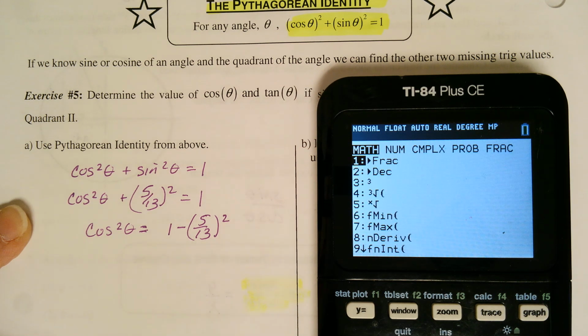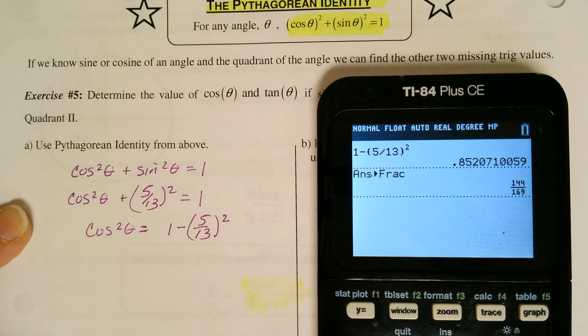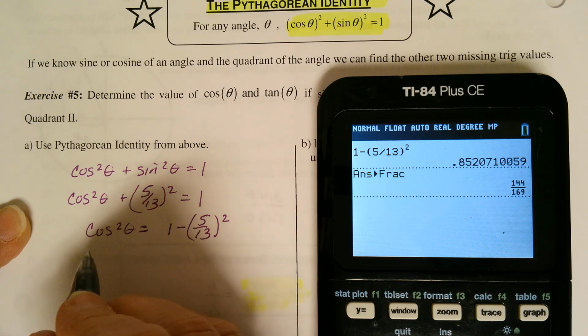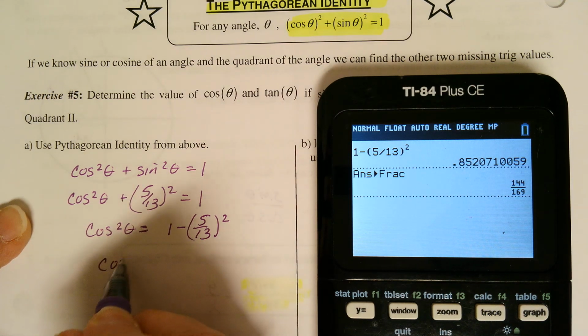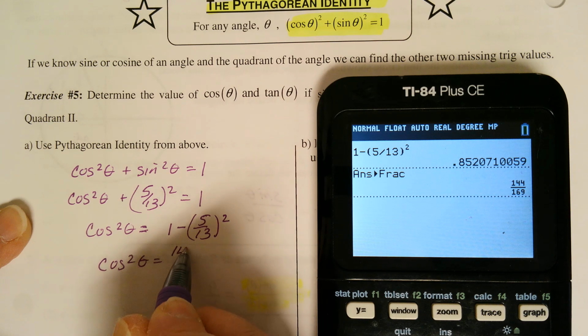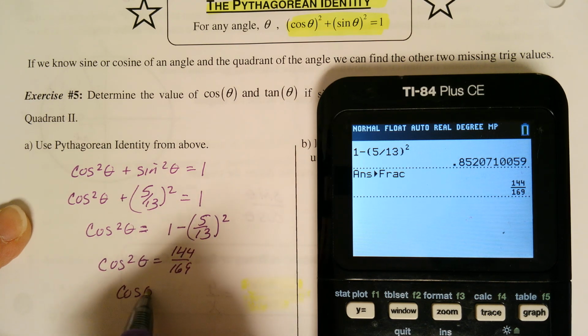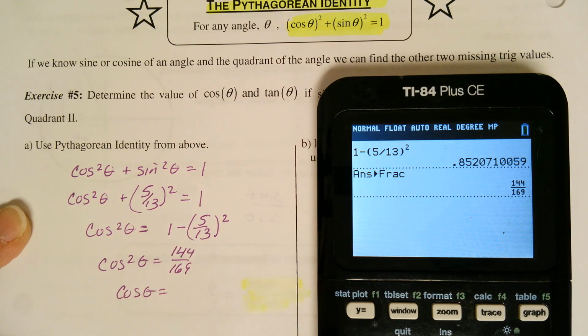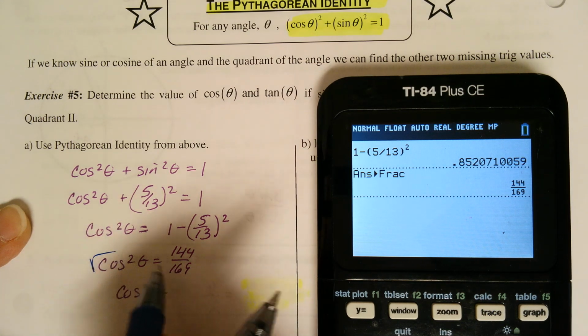I'm going to do both. I'm going to math fract it. Get that. And now the square root. So cosine of theta equals plus or minus, that's going to be 12/13.